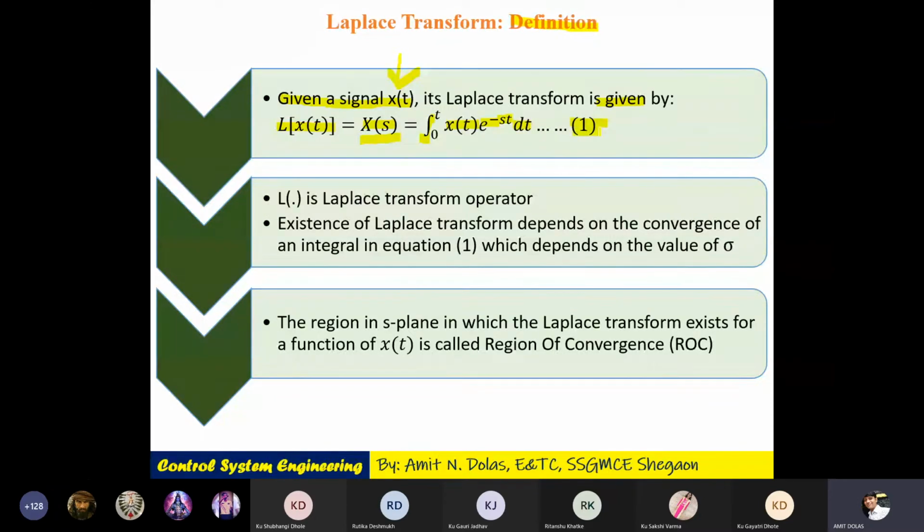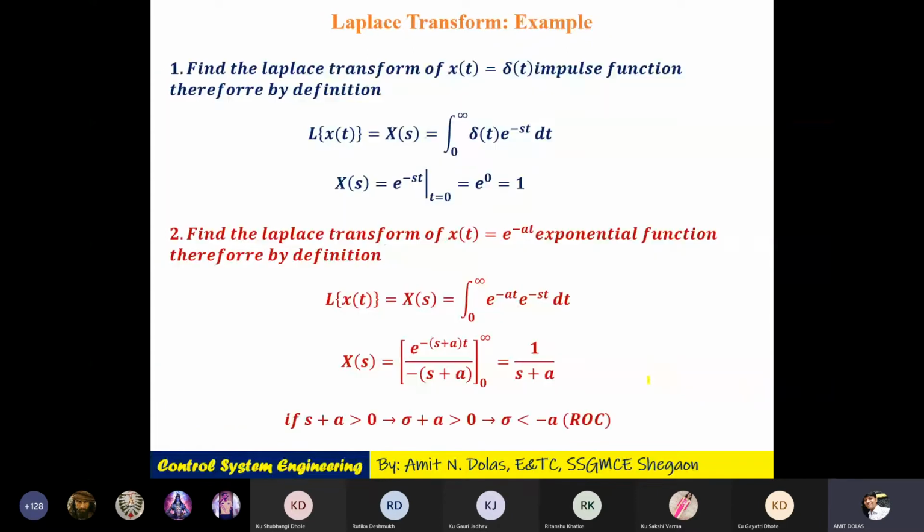So this is the definition, where L is the Laplace operator. Existence of the Laplace transform depends on the convergence of the integral in equation 1, which depends on the value of sigma. The region in the S plane in which the Laplace transform exists for a function x of t is called the region of convergence. We'll go into detail regarding this region of convergence later on. So this is the definition of the Laplace transform.